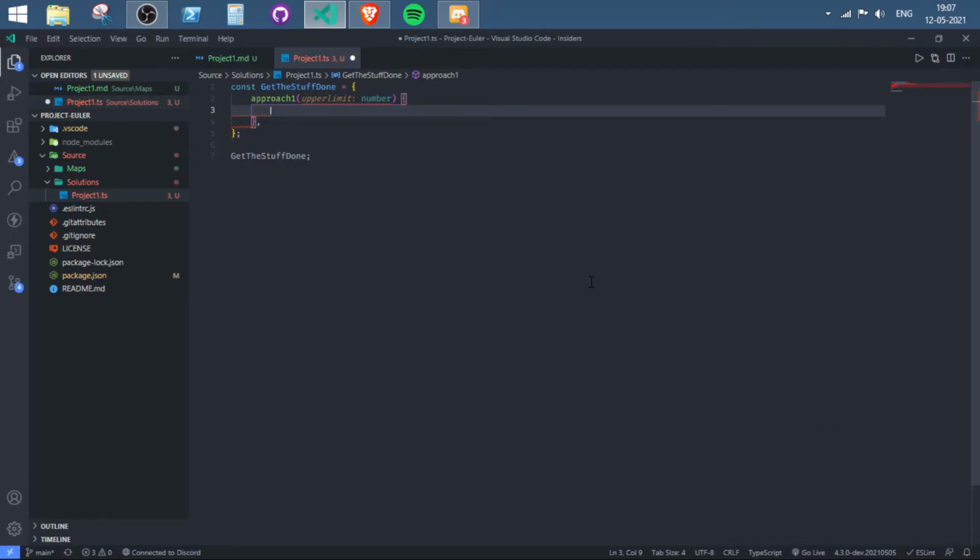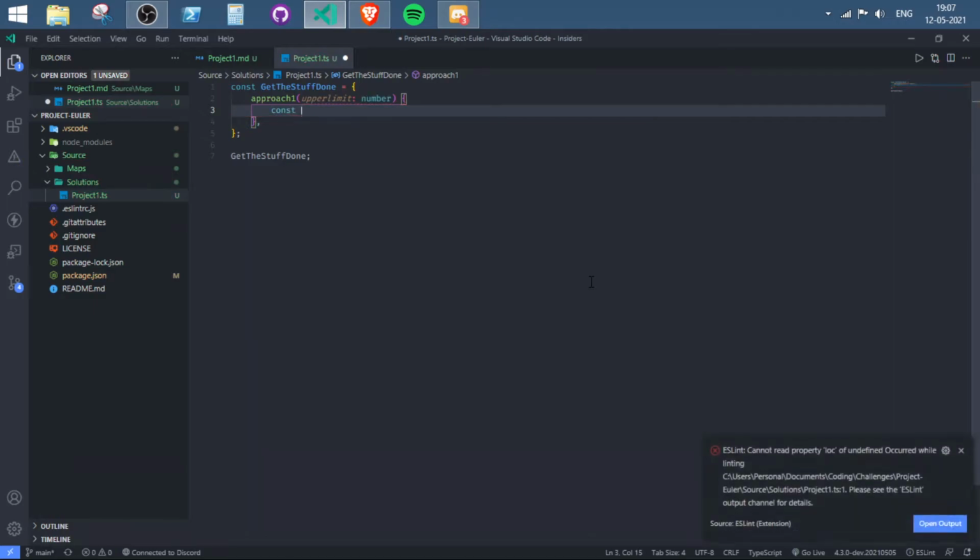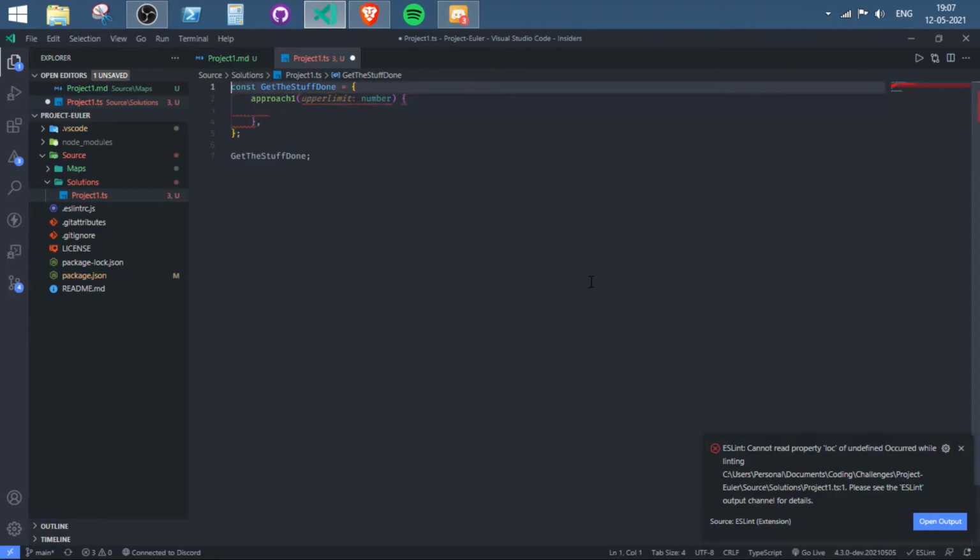Now let's get started. The first thing which we are gonna do is calculate AP function. So we are gonna do function calculateAP, or maybe we could just leave it and do this, because it is gonna be just some spaghetti code.